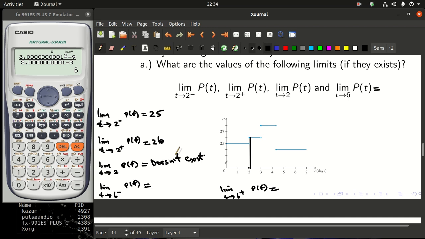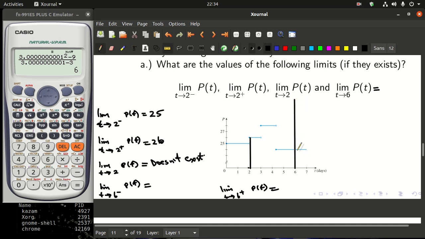Now, let's look at this one here at t is equal to 6. First, we're going to go here, and then after that, t is equal to 6, right? I can just place my line at t is equal to 6.